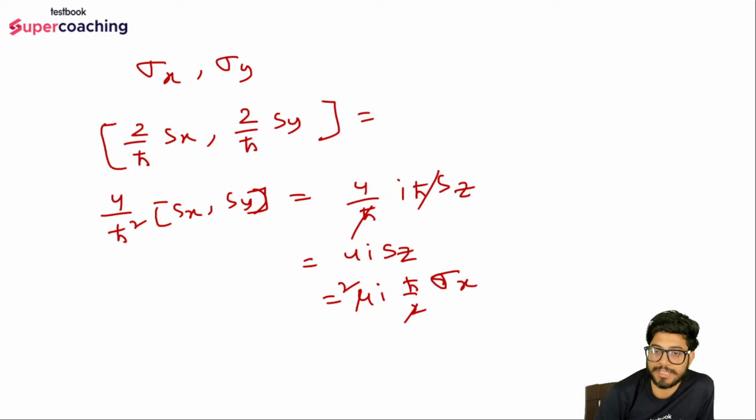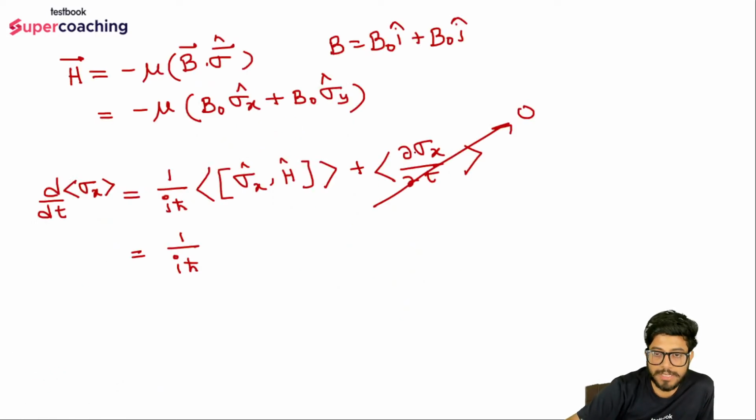So I'm getting 2iħ sigma z. Fine. So sigma x with sigma x is coming to 0, sigma x with sigma y is 2iħ sigma z.